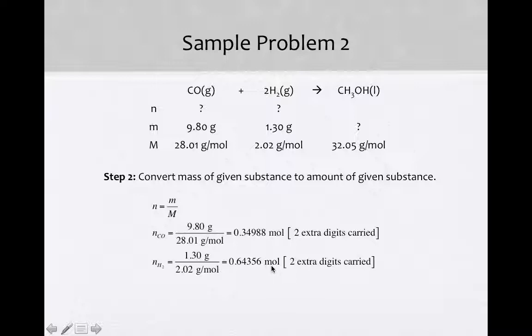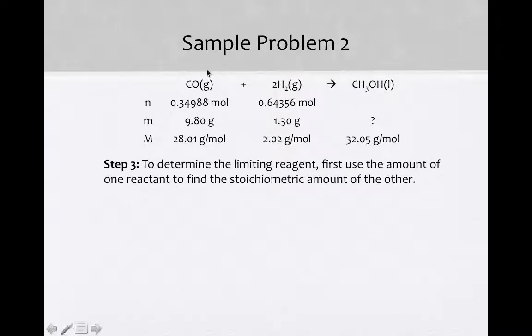Just like we've done in the past, we will be carrying extra digits, and I typically recommend that you carry 2 additional digits. Now, I filled in the information that we just solved for on our table here. So we have 0.34988 moles of carbon monoxide and 0.64356 moles of H2.